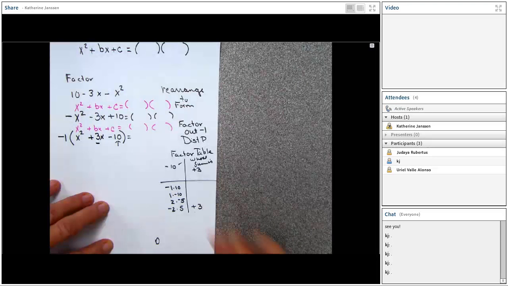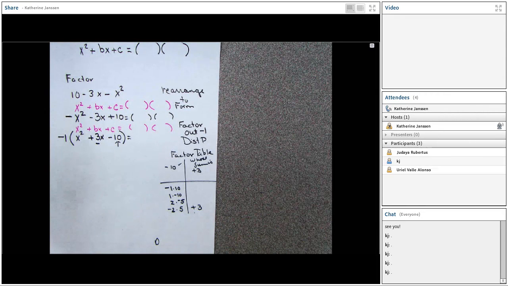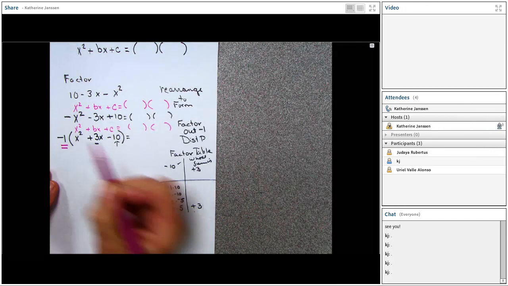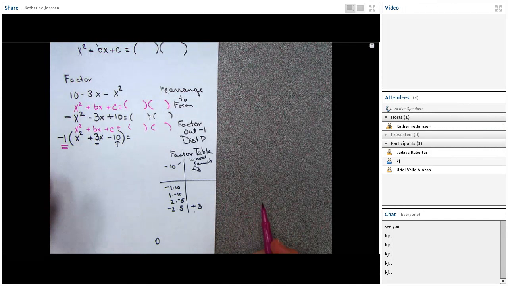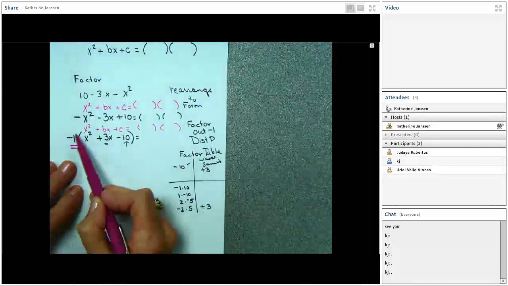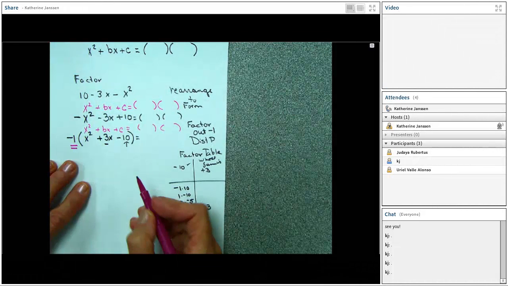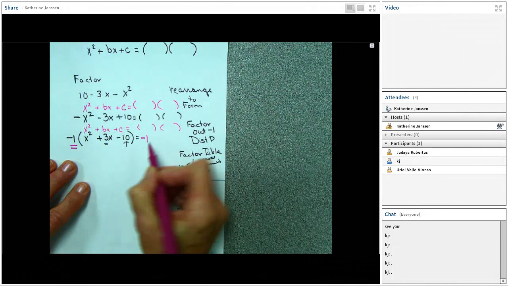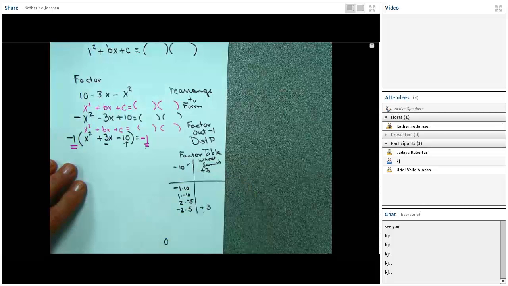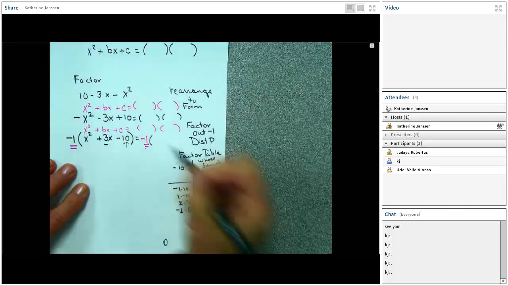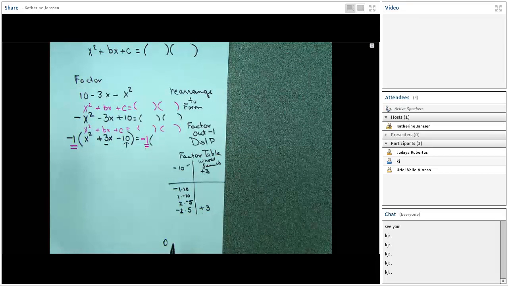So now I can write my factorization, remembering, and this is a common error, even I make this mistake, I factored out a greatest common factor. Don't forget to factor it all the way through. So we carry forward our greatest common factor.